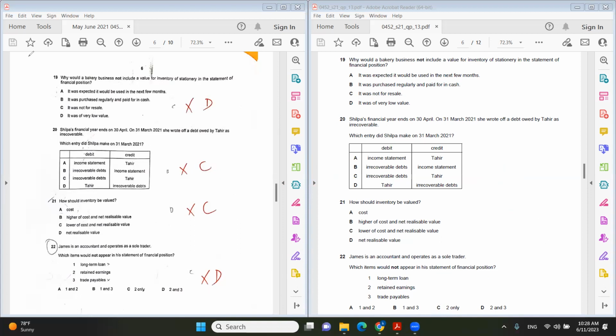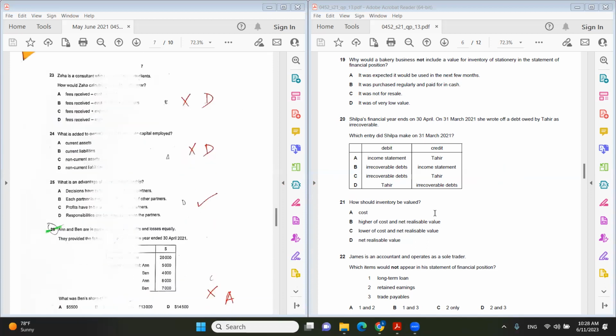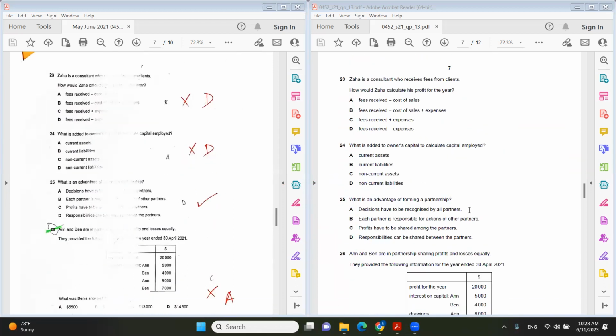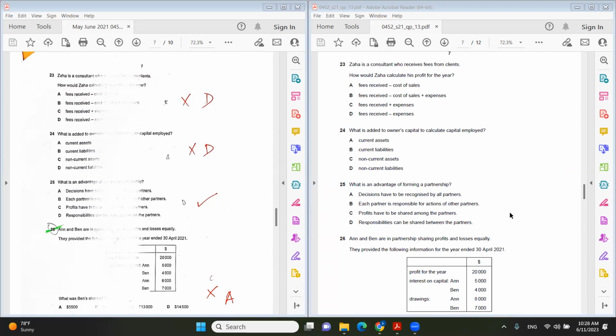Okay, next. 23. Zaha is a consultant who received fees from the client. So a consultant doesn't have inventory, they do the service.